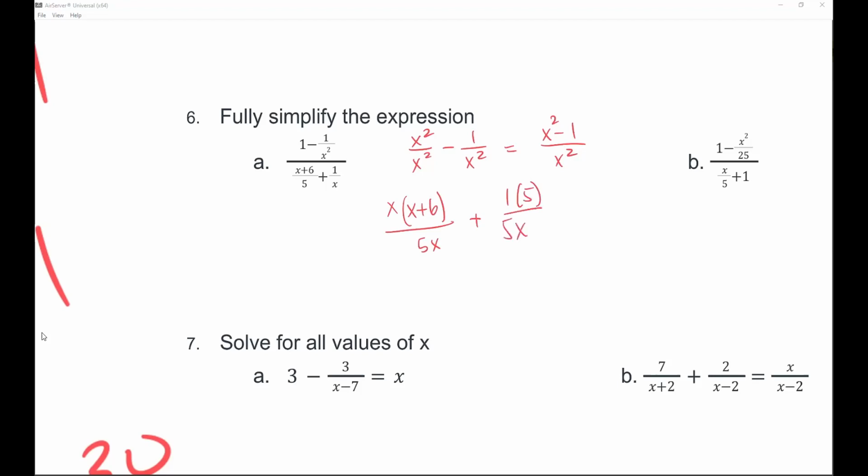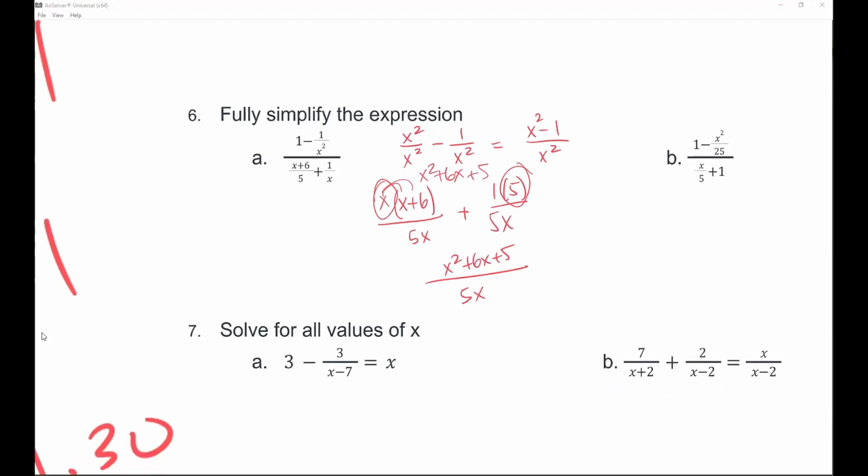So what I'm doing is I'm getting the common denominator. This side needs an x, that's why I'm multiplying it by x. This side needs a 5, that's why I'm multiplying by 5 to get the common denominator. You put that together, the 5x on the bottom. This is x squared plus 6x plus 5.